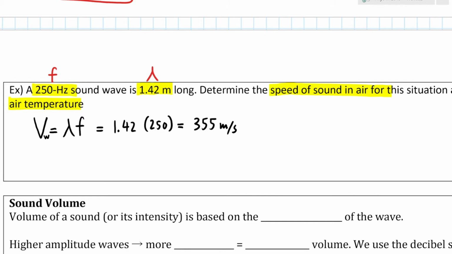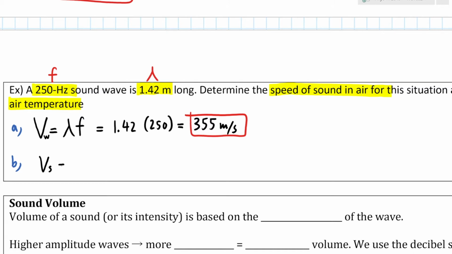Now, so that's part one. That's also one of the questions. So now we have to answer part B, which is what is the temperature of that day? Well, okay, so if it involves temperature, then I guess I need the other equation that has temperature in it, right?